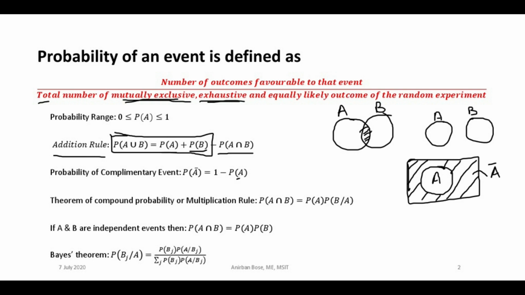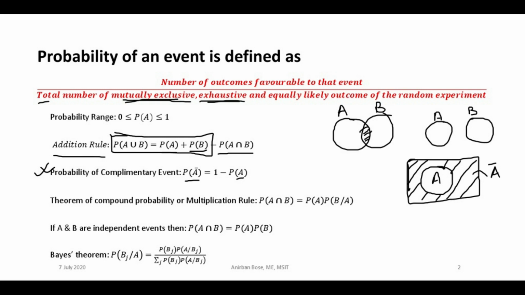So the probability relationship is that if you know the probability of A, then you can easily find the probability of A complement simply by subtracting that probability from 1. This is a very important property that we are going to use in this section.